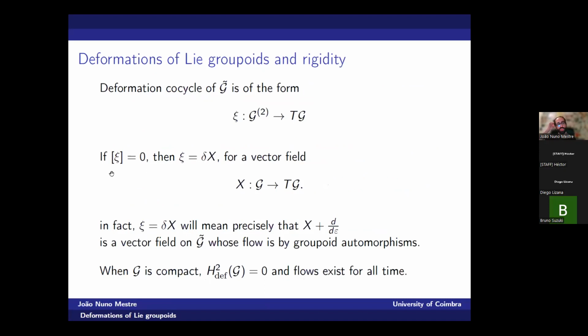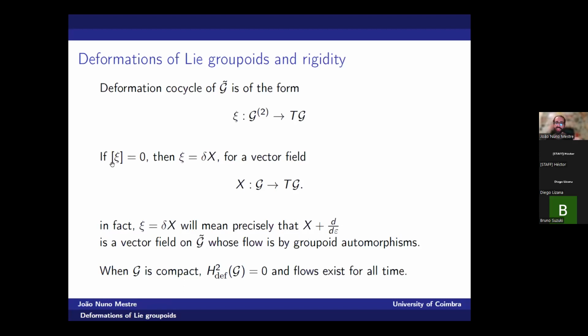And now what one would check, these are all different lemmas, is that if my cocycle is actually a coboundary, then it's going to be the differential of a certain vector field. And that vector field will be such that if I sum d/d epsilon to it, it will be a multiplicative vector field. This is yet another lemma.